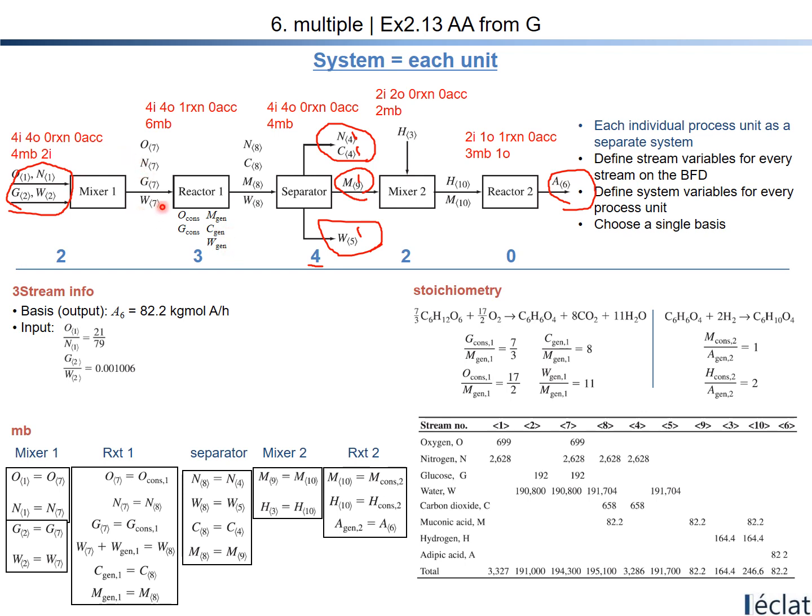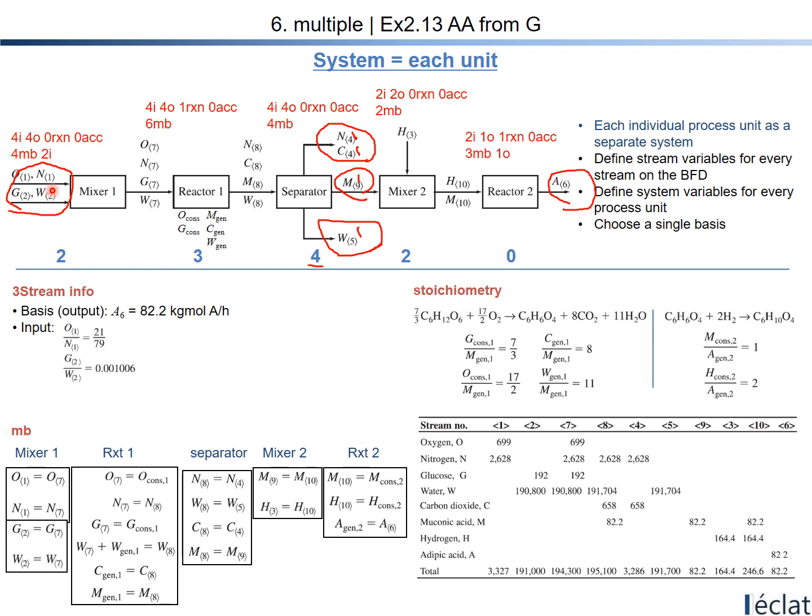Then right now we have 4 values, and also actually from the entire system calculation, we actually already know the input variables. So you don't need to do additional calculation about the mixer 1, because you can have this value from the reactor 1 calculation, and also this value comes from the entire process calculation.